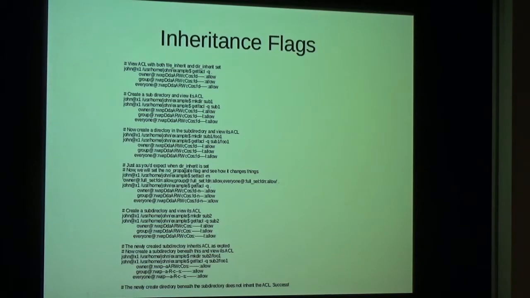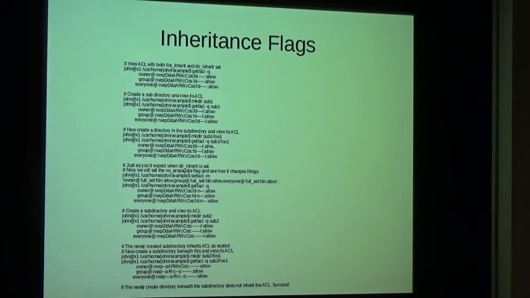Yeah, I'm very sorry about this one. So up here, I have a directory that has a full set, and I have file and directory inheritance set for the inheritance type. I make a directory here, sub1, and then I read the ACL, and that gets the inheritance that was specified up here.